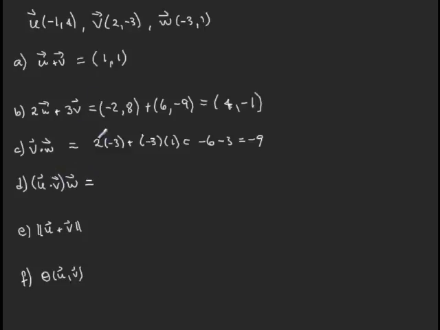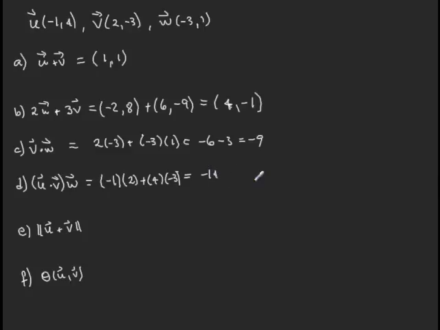U dot v is minus 1 times 2 plus 4 times minus 3, and that's equal to minus 2 minus 12 is minus 14.